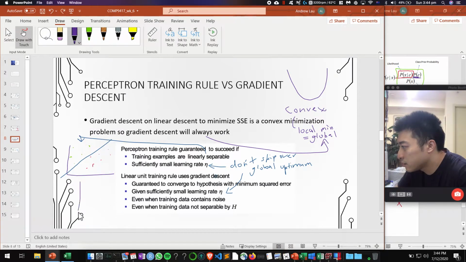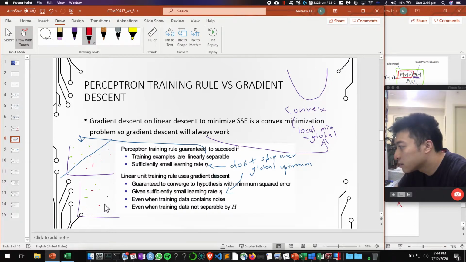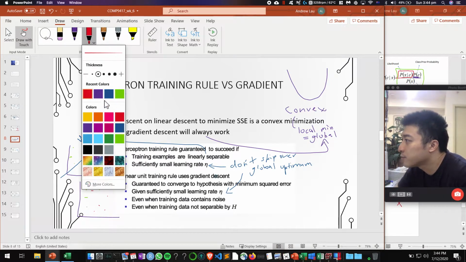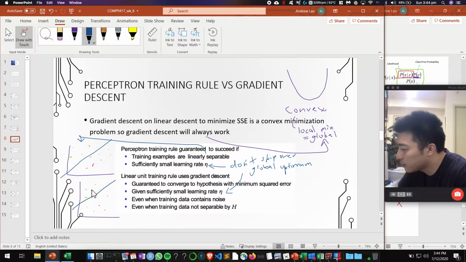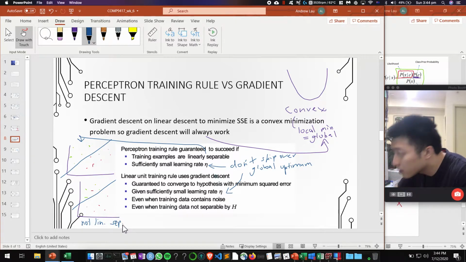Now, this example, which I'm going to set up here, is not linearly separable. Possibly the best line we can do is here, but you can't draw a line which will perfectly separate the two classes. So this is not linearly separable. Right, so that's one of the downsides of the perceptron training rule.